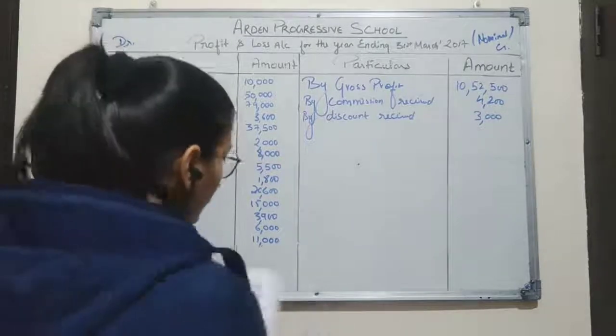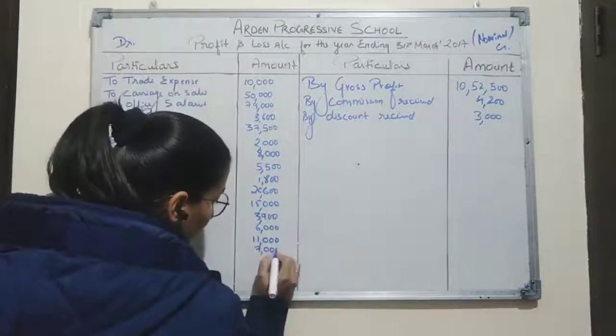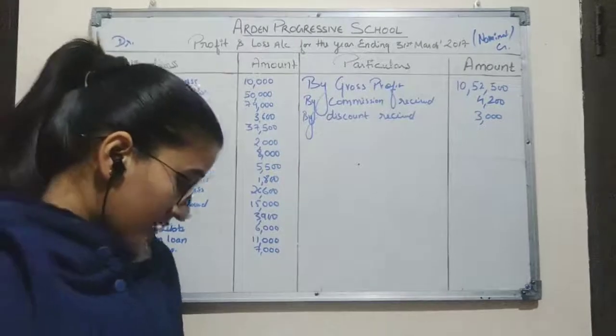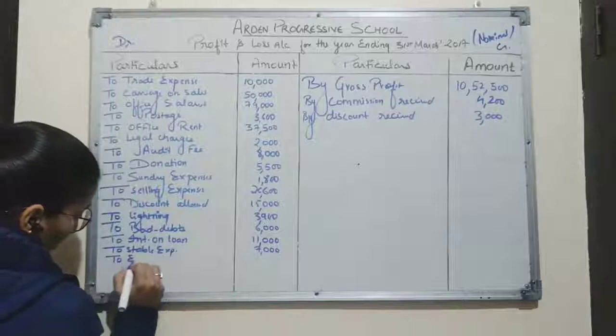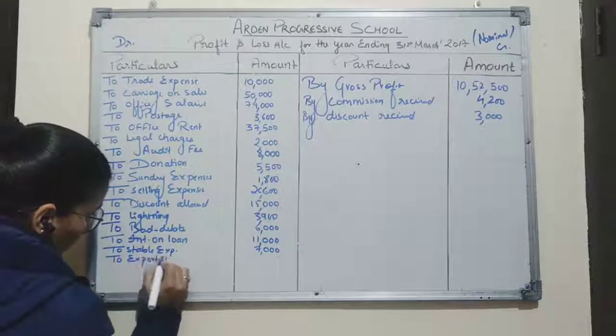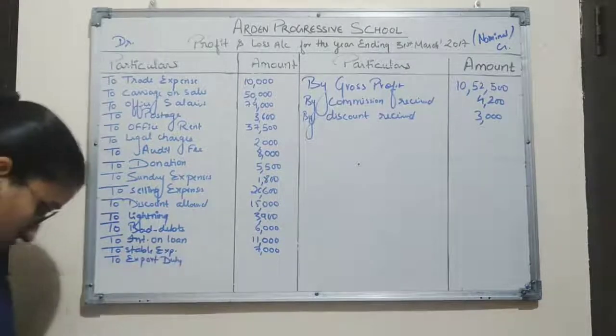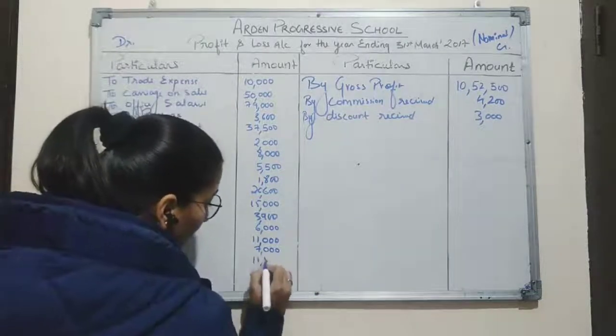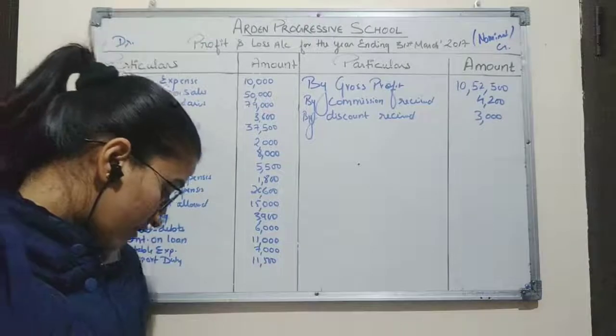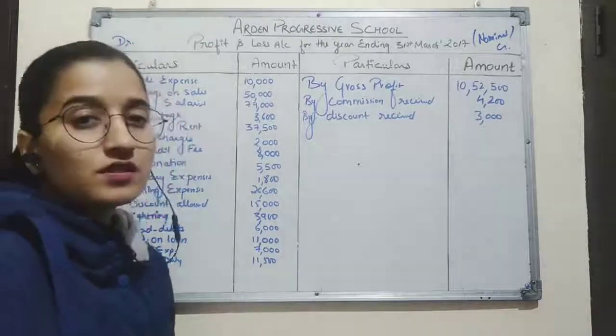Amount is 7,000. Next is export duty. Export duty is again expense for the company. To export duty. Amount is 11,500.